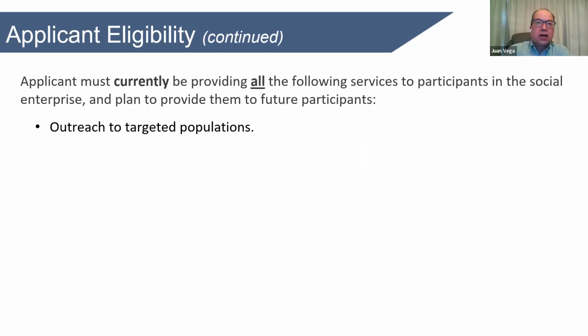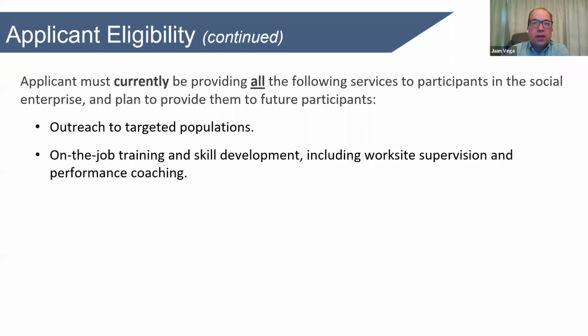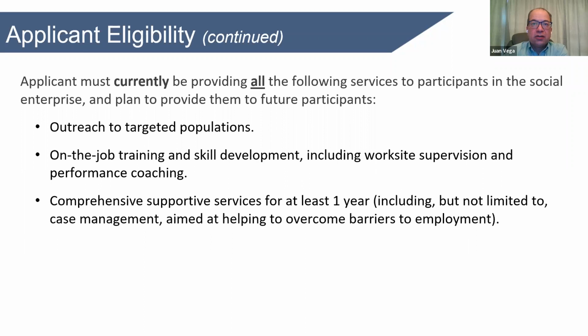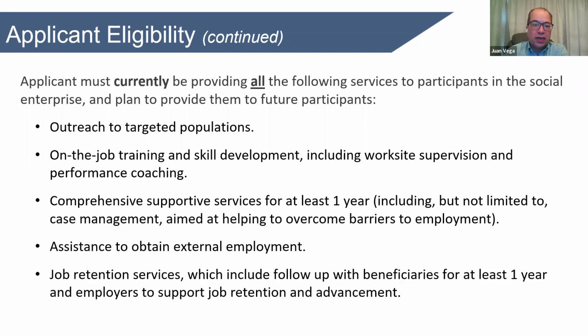First is outreach to the target populations, then on-the-job training and skill development. Third, we have comprehensive support services for at least 1 year. Next, we have assistance to obtain external employment. And then finally, job retention services, which include follow-up with the beneficiaries and providing support with job retention and advancement.